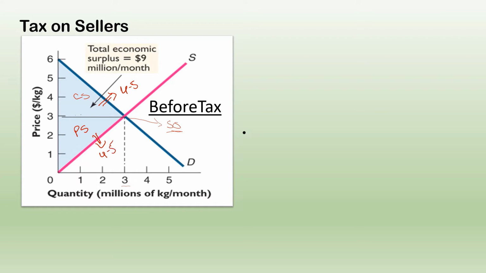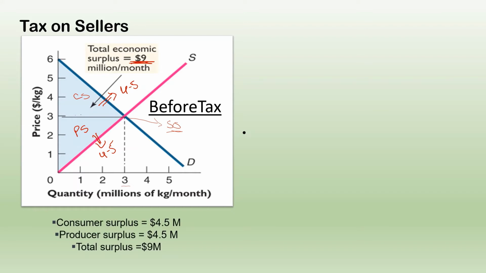By summing up both the consumer and producer surplus, we have a total economic surplus which is equal to $9 million per month. And how we have calculated consumer and producer surplus, I am just revising: it is the area of a right-angle triangle, which is equal to half multiplied by the width and the height of the triangle.